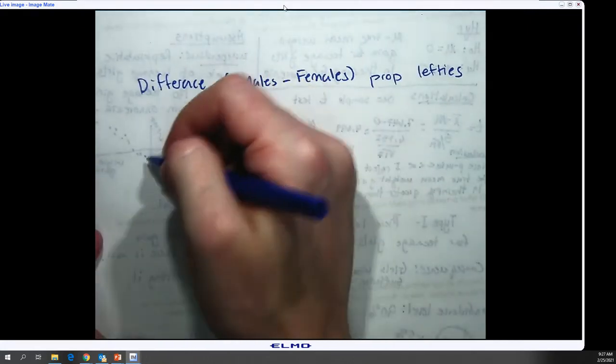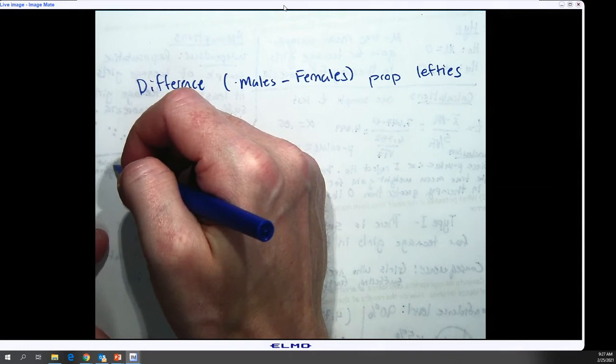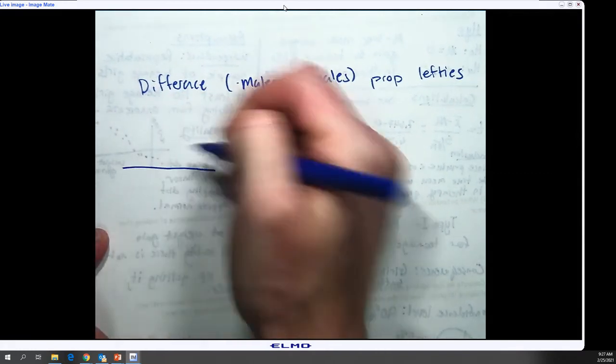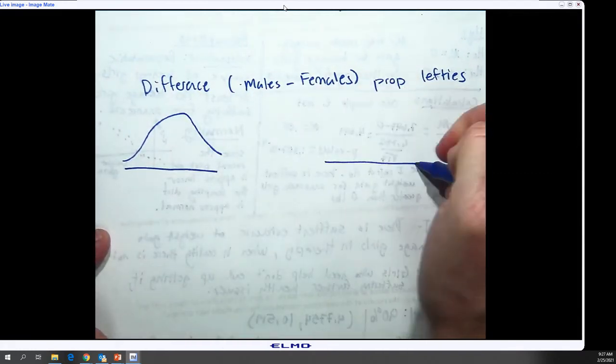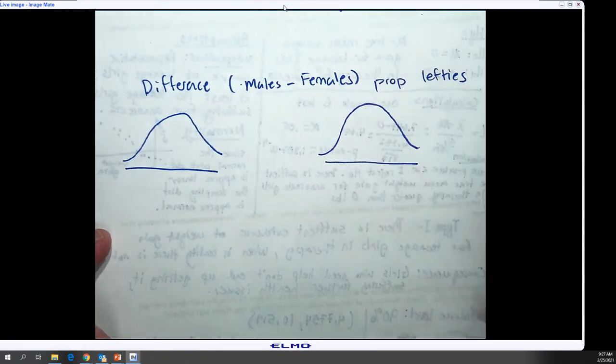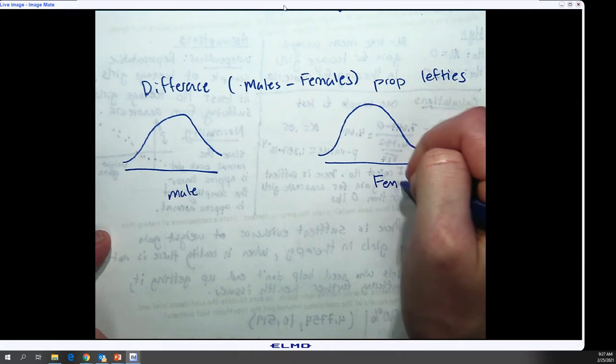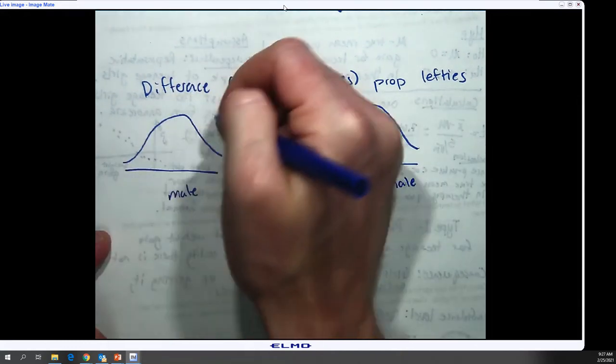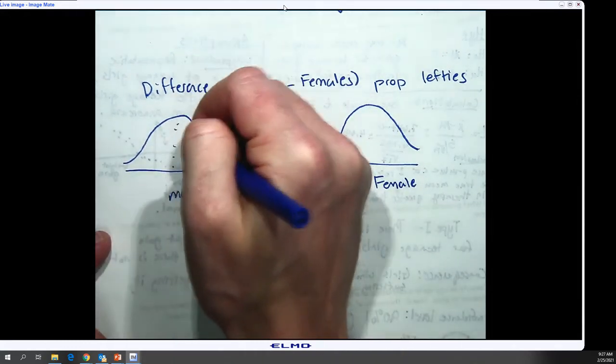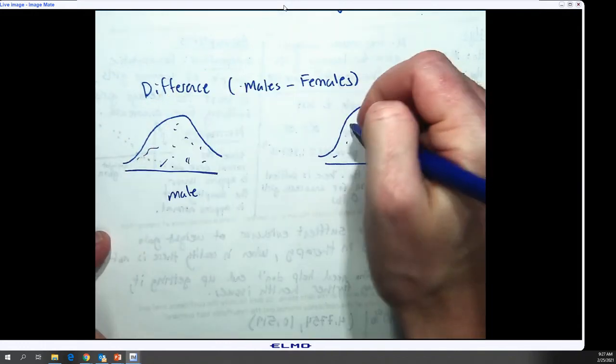And so what we're doing here is we have this population of left-handed people that are male and a population of left-handed people that are female. This is male, female. And remember, this is the sampling distribution. There's a bunch of samples in here, and then there's a bunch of samples in here.